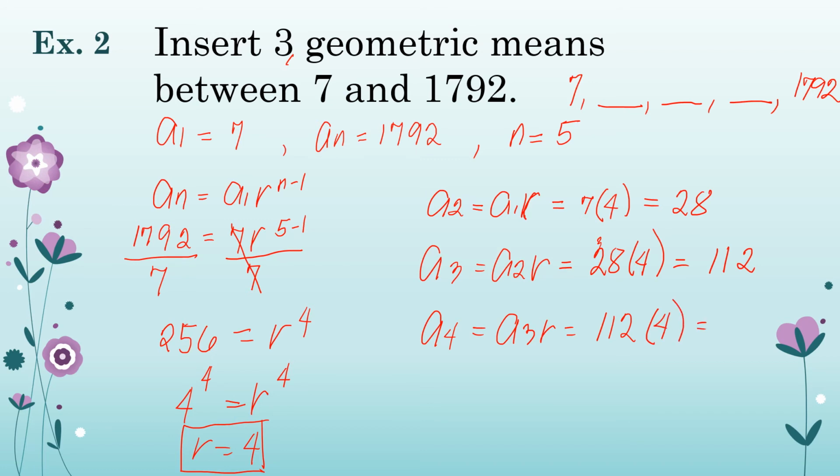So we have 448. So therefore, the missing terms are 28, 112, and 448. Okay, did you get it? Okay, very good.